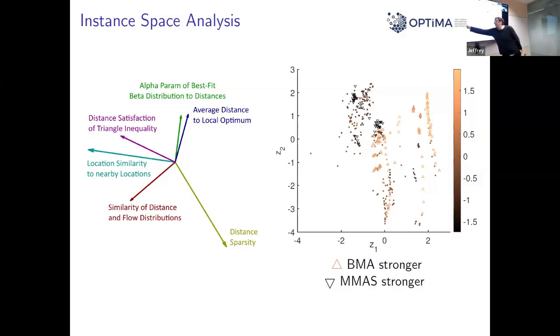One uses the distance and the flow matrix, and the fitness landscape feature is inherently taking advantage of both matrices. But if we look at the direction of these two features, which are taking into account the flow matrix, they seem kind of orthogonal to what's separating the performance of one algorithm from the other.